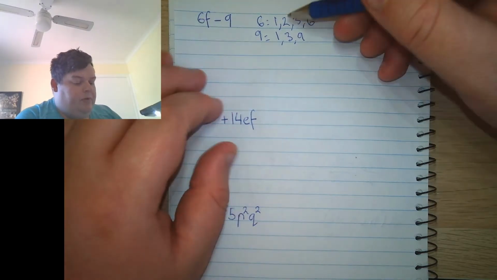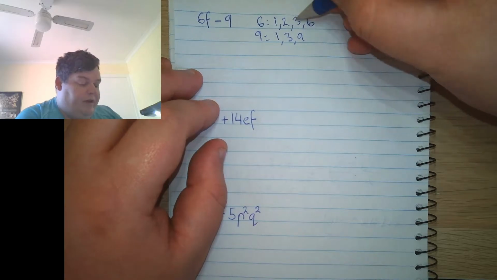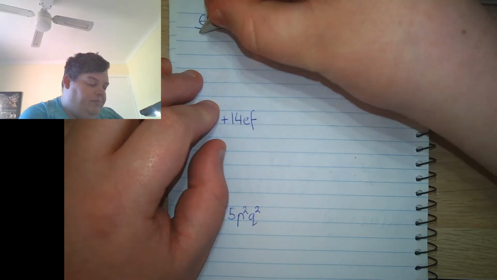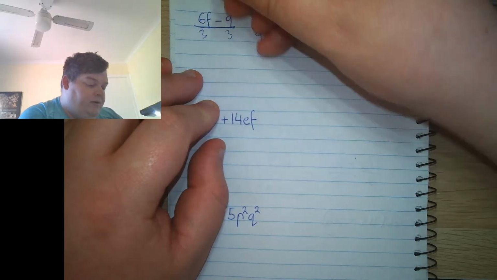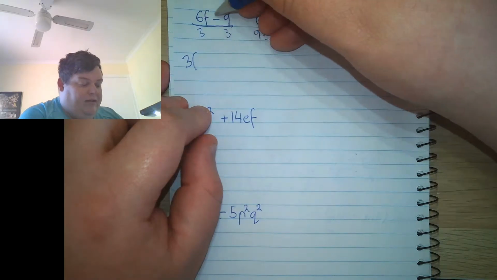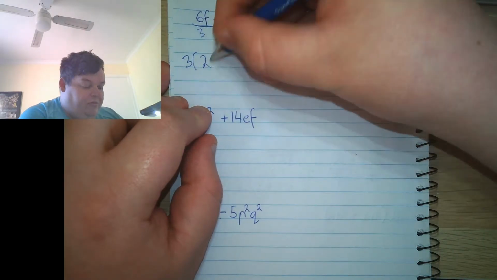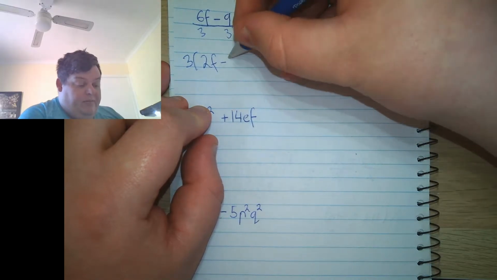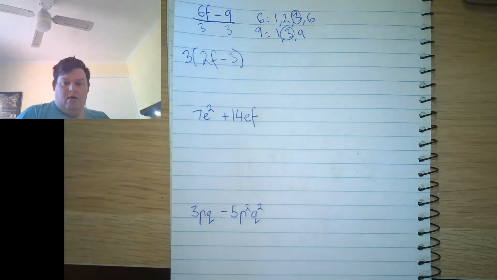So the highest common factor in both of these is 3, meaning I divide both of these by 3, and I can put a 3 outside in brackets. So 6f divided by 3 is 2f, minus 9 divided by 3 is 3, right?